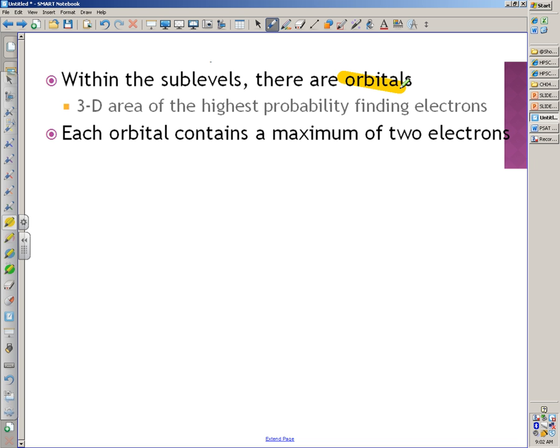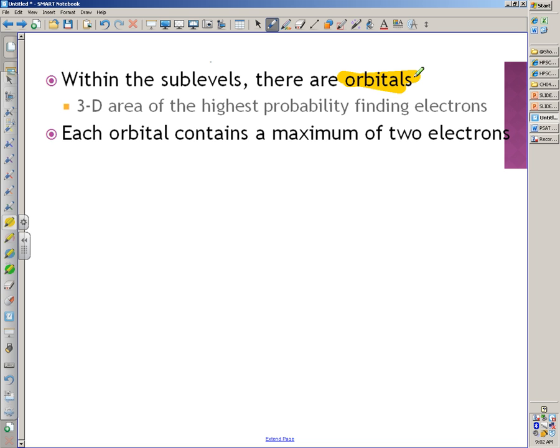Now, is there only one area of high probability of finding electrons around the nucleus? Some more than others, but there's lots of different areas where electrons show up. But there's lots of different areas where electrons don't show up. So, in general, we refer to these areas of high probability as an orbital.